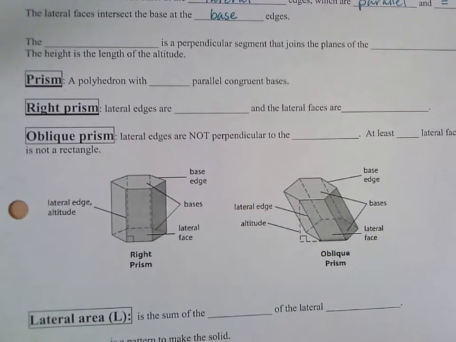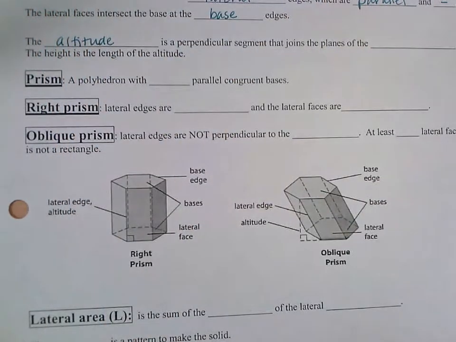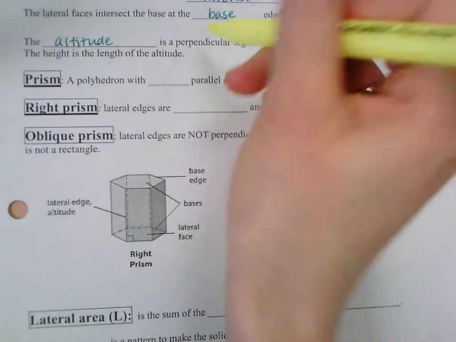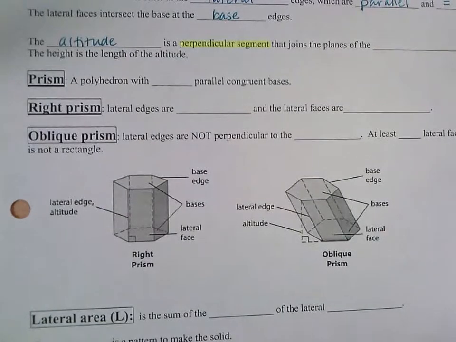Then we have the altitude. We've talked about altitude before with triangles. So the altitude is a perpendicular segment. That's key. Has to be perpendicular. That joins the planes of the bases.